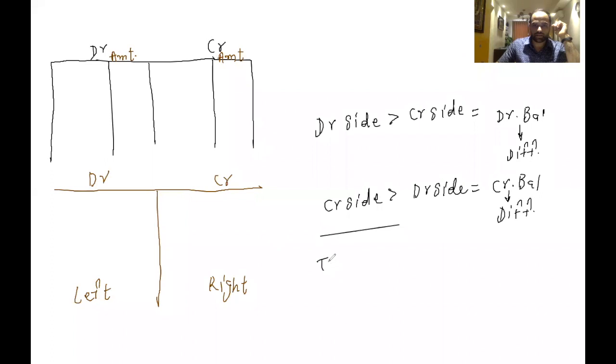The purpose of the trial balance is to check, are we making any kinds of mathematical mistakes, any kinds of plus or minus, subtraction mistakes. That's the only purpose of the trial balance. So the main idea of the trial balance is, remember, the basic principle is that the debit side must be equal to the credit side.